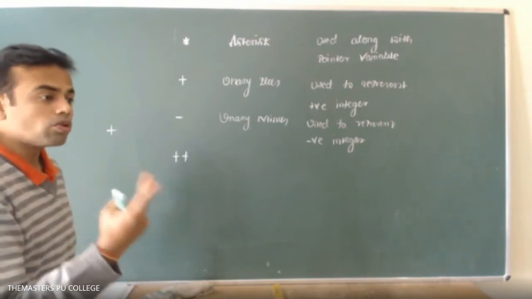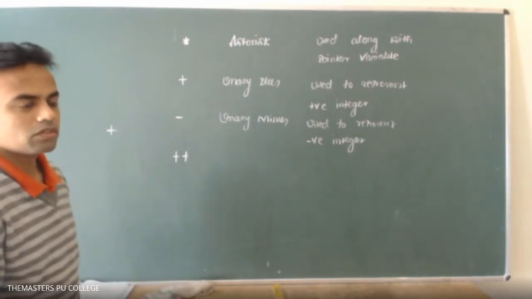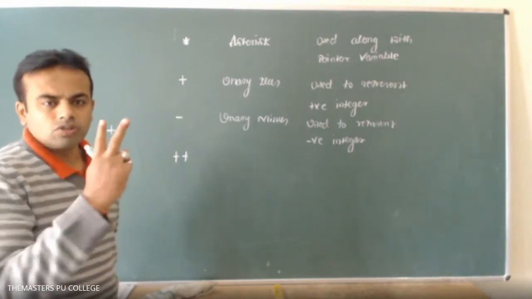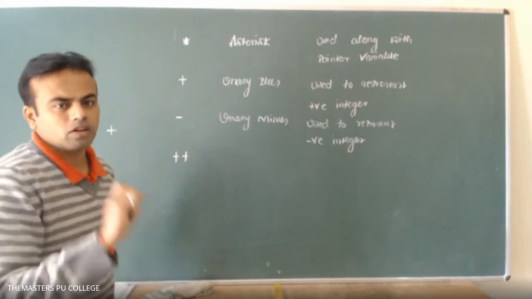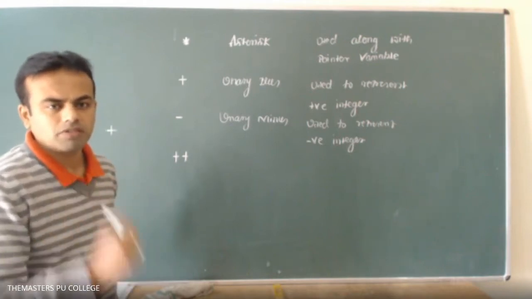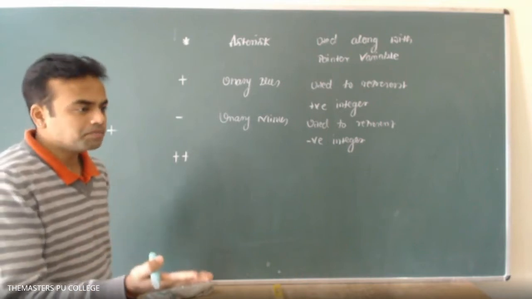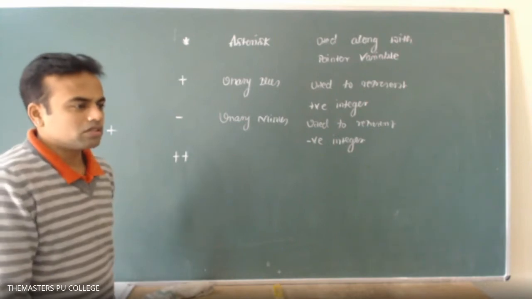Without 2 operands you can't perform any arithmetic operation, right? Will you agree? You must have at least 2 operands, then only we can perform an arithmetic operation, either addition, subtraction, multiplication, division, remainder, whatever, mean, mode, median, whatever. You must have at least 2 operands, right?